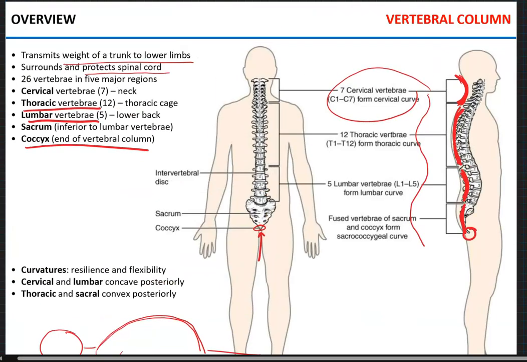So why is that? They're missing the cervical and the lumbar curvature. When do babies develop cervical curvature? When they start doing what? Raising the head. So if you put a baby on the belly, at some point they start lifting their head. That's when the muscles form that cervical curvature.